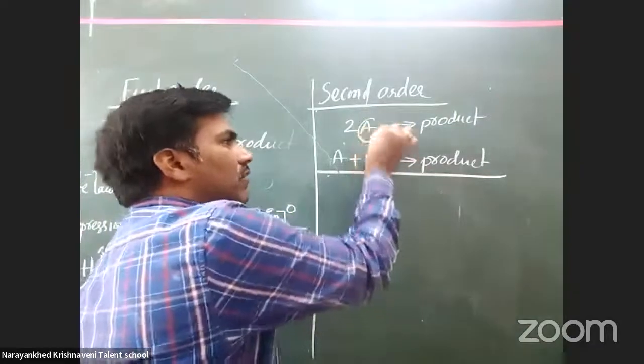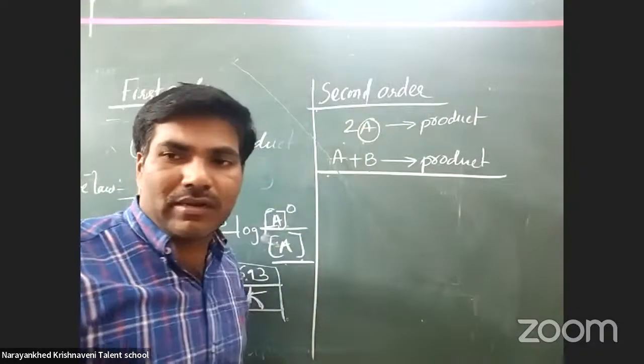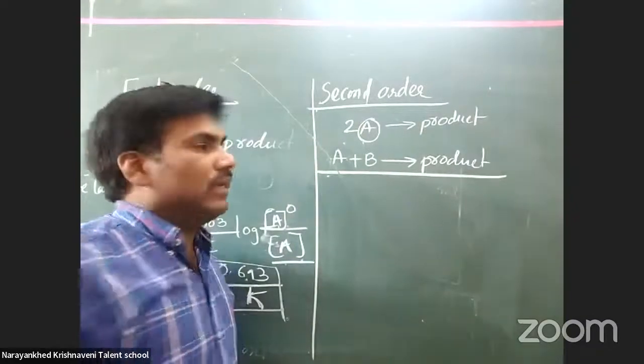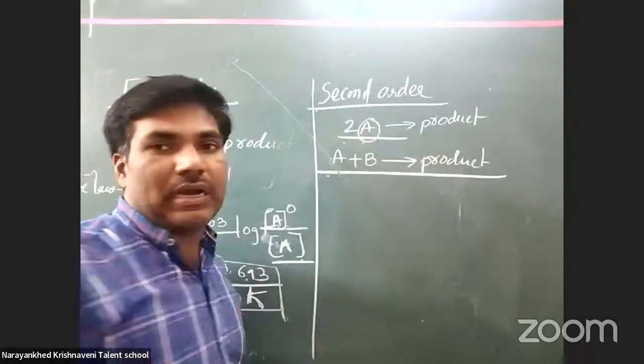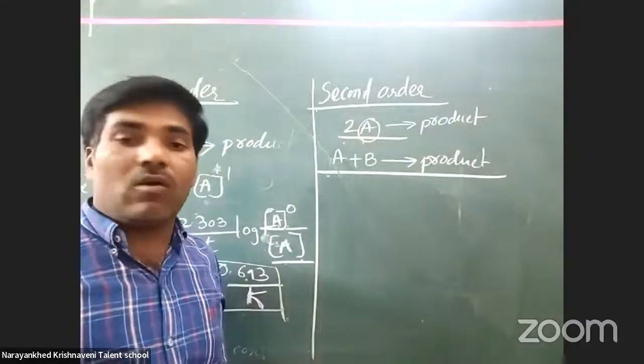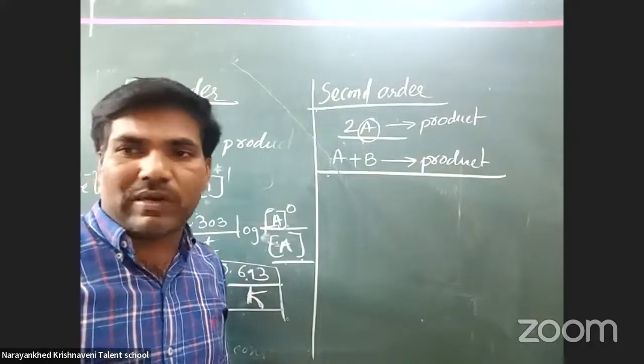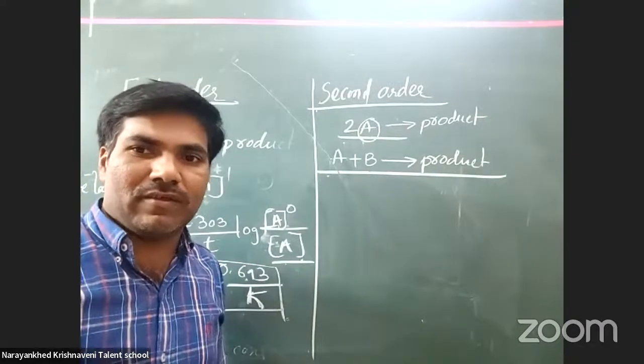There is A as the reactant. We have taken 2 times of this reactant. It is called a second order reaction. Not like that, suppose there is only a single substance, we have taken 2 substances.